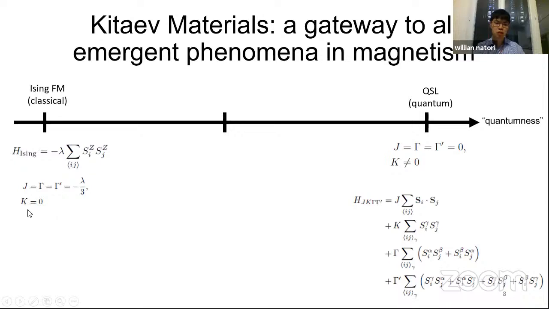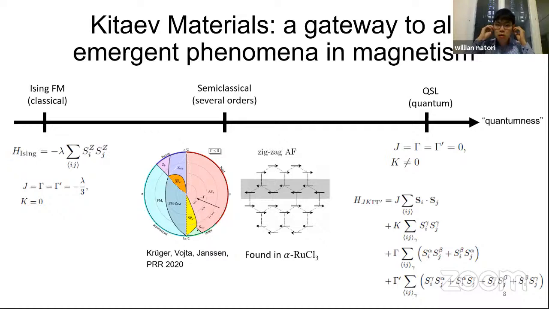You just have to set the Kitaev interaction to 0 and set all the other parameters equal to one another. And of course, it will host a lot of different classical orders, whose excitations will be described with spin wave theory.